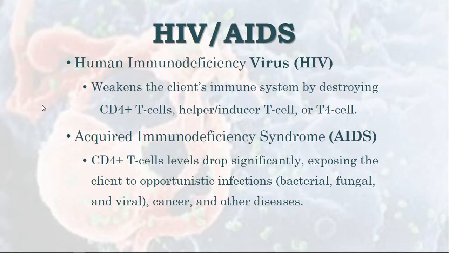Acquired immune deficiency syndrome is AIDS. CD4 cell levels in the immune system drop significantly, which exposes the client to opportunistic infections such as bacterial, fungal, and viral infections, as well as cancer and other diseases. Human immunodeficiency virus, HIV, can progress to AIDS.